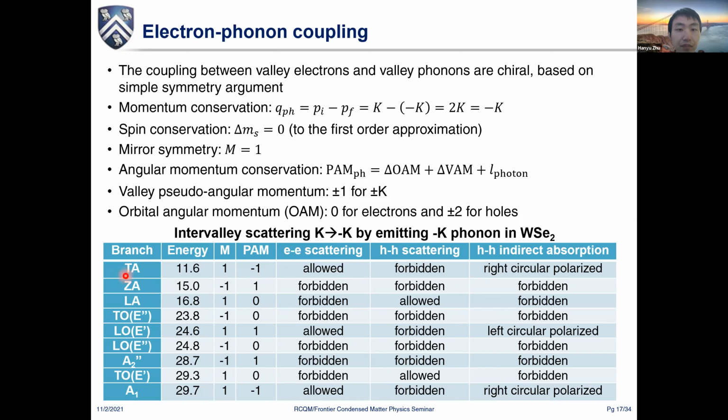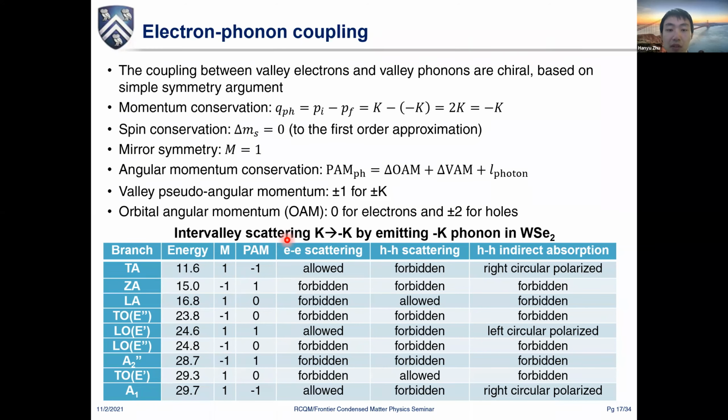So in total, there are 9 phonon branches in this material, because there are 3 atoms in each unit cell. They have different energy. They're all non-degenerate. This is a good feature for chiral phonons. They have different mirror symmetry. Particularly, 4 of them break mirror symmetry, so they don't play a role in any scattering process. They have different pseudo-angular momentum.